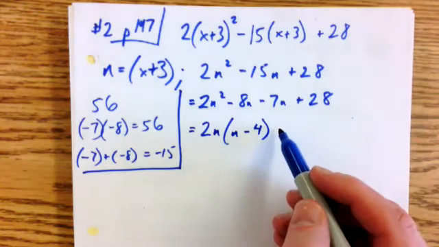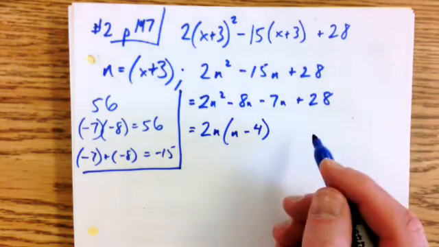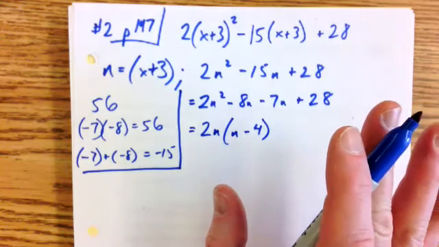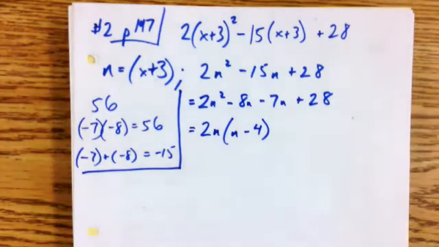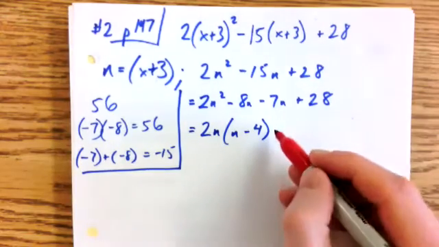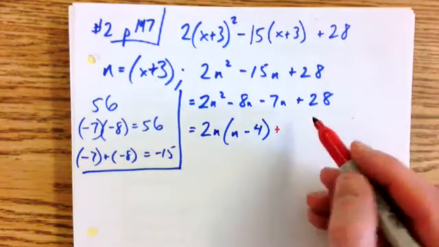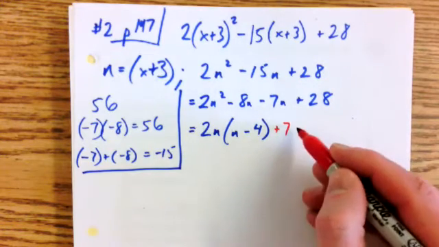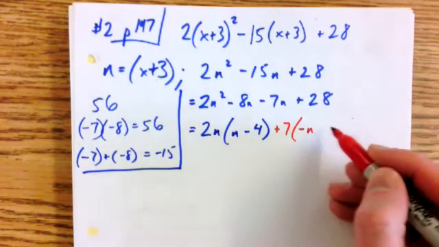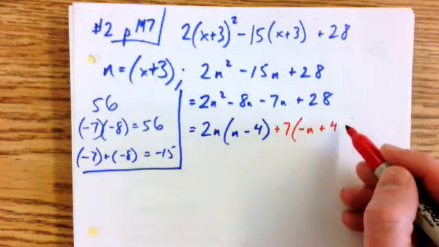Now, maybe don't write down what I'm going to write now. You can, but I'm going to do something kind of wrong just to show you how to get your way out of it. If I do plus, and I take out 7, plus 7, it'll be negative n plus 4.